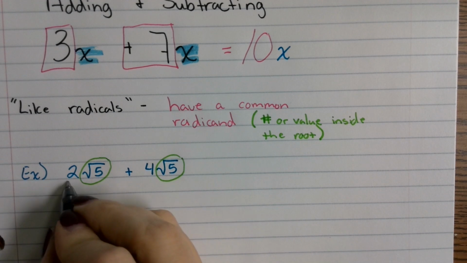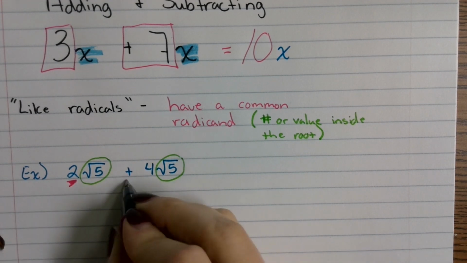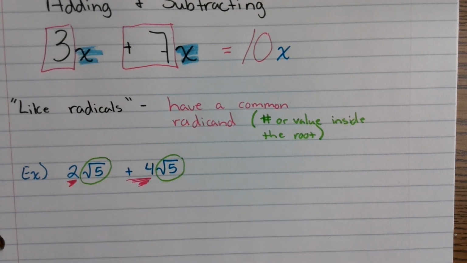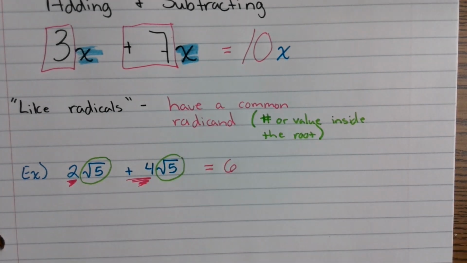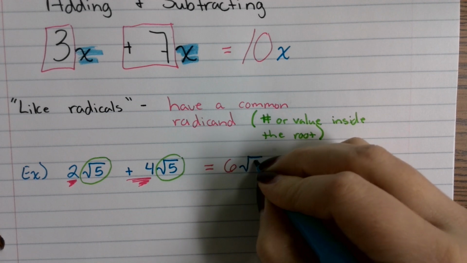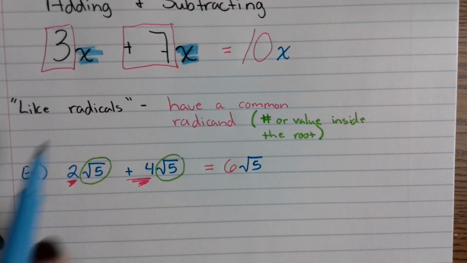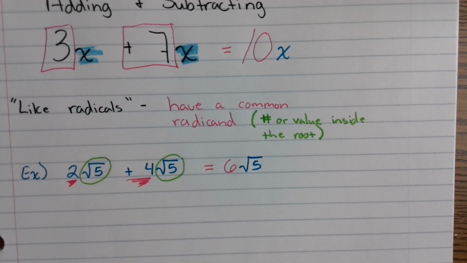So we're going to focus on just adding 2 and 4 together to get 6, and then it's square root of 5. Just like when we add variables together, the variable remains unchanged. It's only the coefficients that are being affected. Same thing here. The radical remains unchanged. It's just the coefficient of the radical that's being combined together.